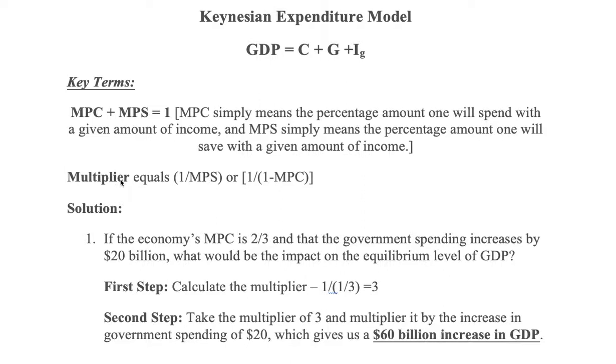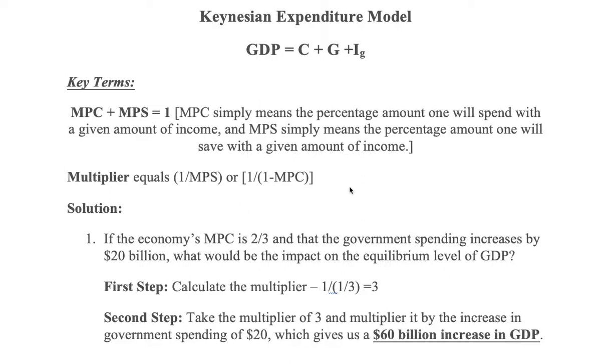So what we're saying by the multiplier, I would want to know that if I spend $1, what's going to be the ultimate impact on the economy? And the multiplier is simply the reciprocal of my marginal propensity to save, 1 divided by MPS. So for the economy, if the marginal propensity to consume is 90%, that means my MPS is 10%, and 1 divided by 0.1 is 10.